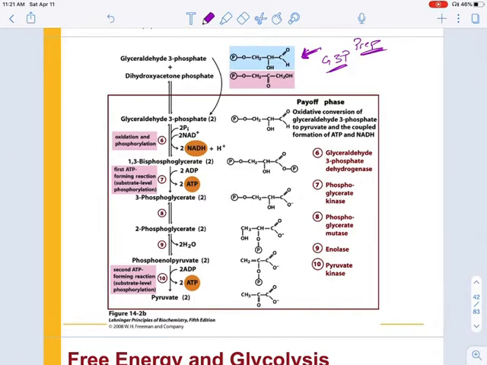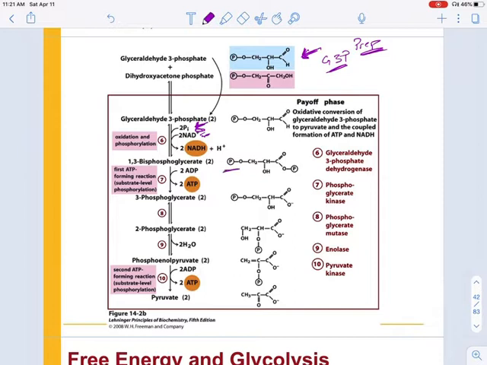So here we have our 2 molecules of glyceraldehyde 3-phosphate. Next thing that's going to happen is that we're going to use 2 molecules of inorganic phosphate. So this is not from ATP, and we are going to reduce 2 molecules of NAD plus to form 2 molecules of NADH, and we're going to form 1,3-bisphosphoglycerate.